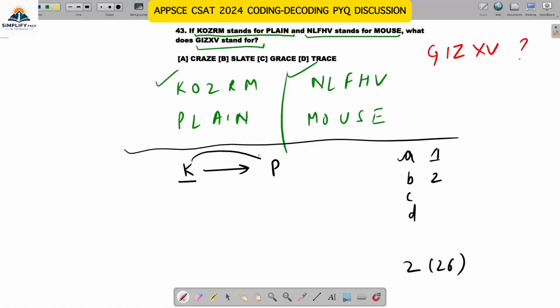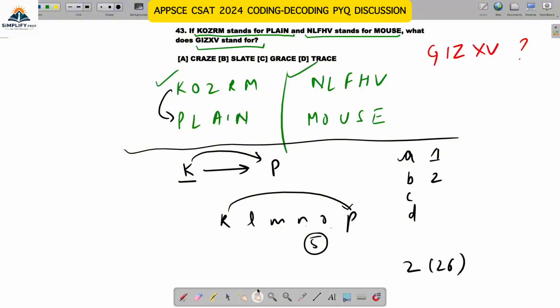If K is shifting to P, then there is a jump like K, L, M, N, O, P. So there is a shift of 5 places.